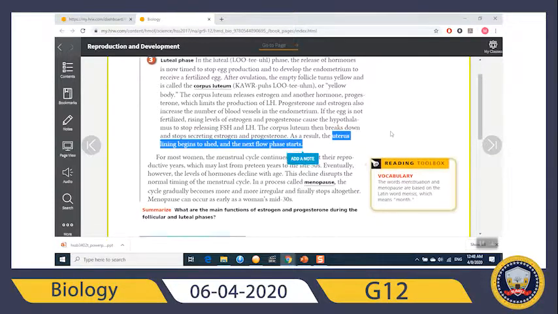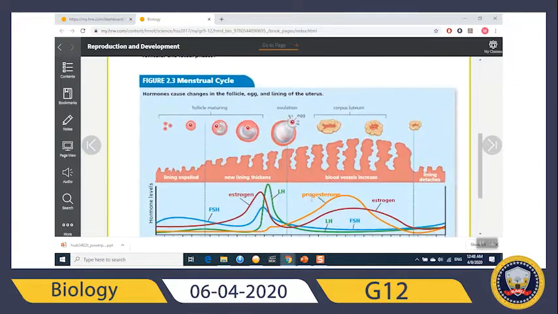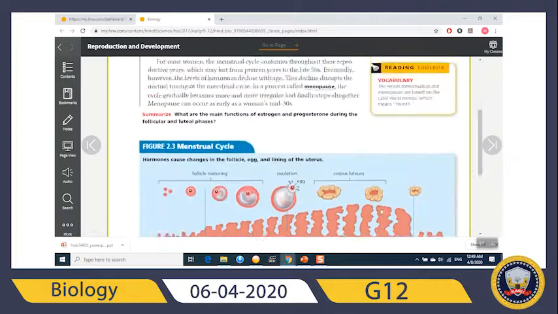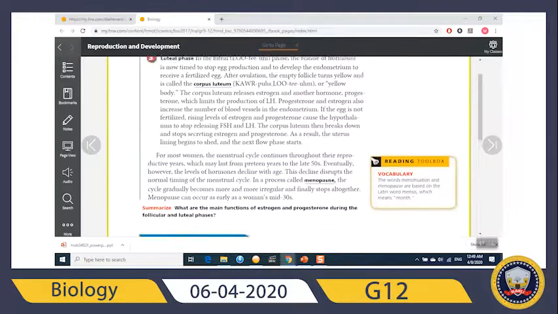Okay? Now, so we have three phases of the menstrual cycle: the flow phase, the follicular phase, and the luteal phase. I forgot to mention something.